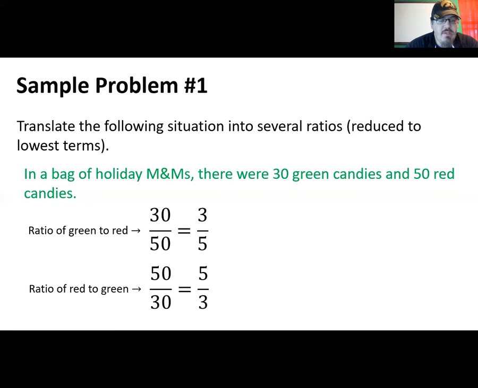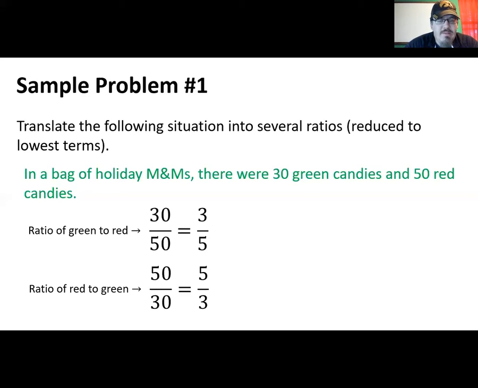So the ratio of red to green is 50 to 30, which reduces down to 5 to 3 or 5/3. Both of these ratios are dealing with that comparison of the number of the greens to reds or reds to greens. And it just depends on the situation which ratio you might use if you are actually solving a problem involving this situation.